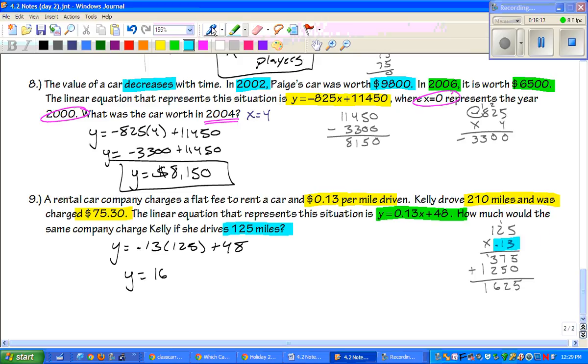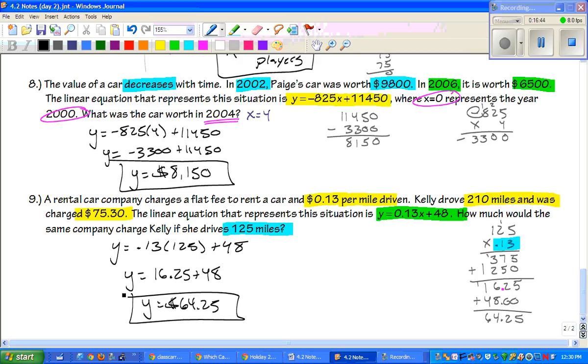That's not right. Remember that there needs to be a decimal right there. Okay, and now we have to add that number to 48, and you get 5, 2, decimal, 4. So the grand total for that would be $64.25.